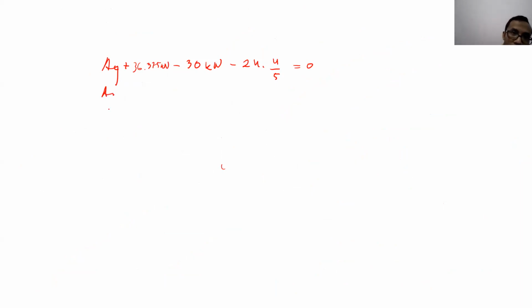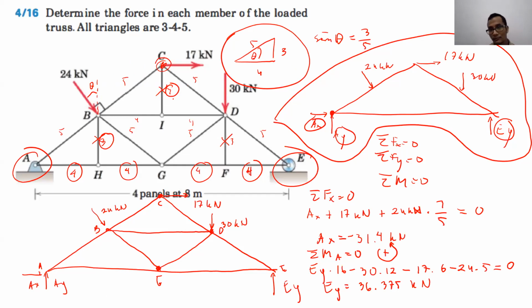So what is the value of AY here, Judy? Is it 12.825? 12.825. Okay, we already found the value of AY, so it's supposed to be positive, correct? It's supposed to be positive. Okay, so basically, thank you very much, Judy.